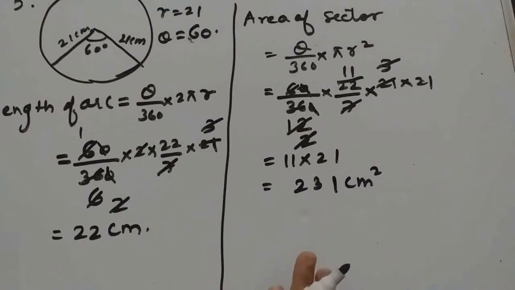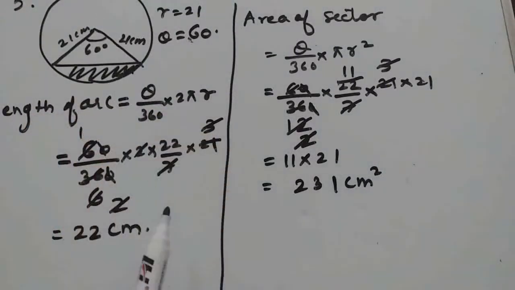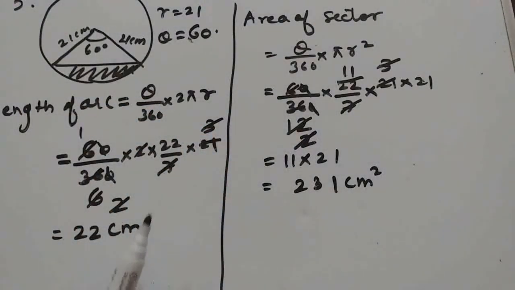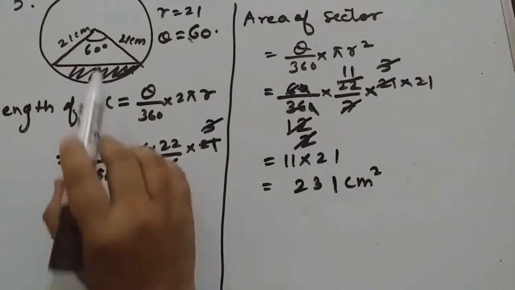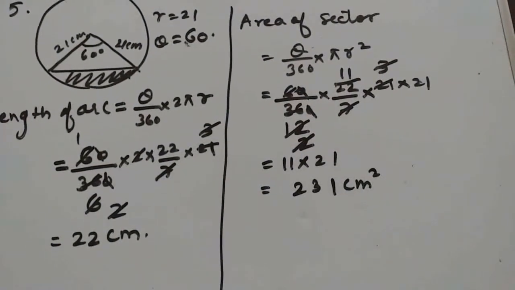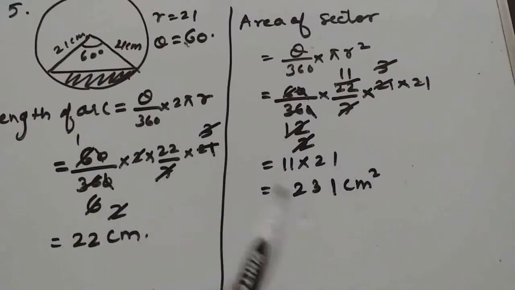Now to find area of the segment, that means this we should find. So what we can do, area of sector minus area of the triangle. Now area of triangle, this angle is 60 degree. So that means height and base formula we cannot use. We should draw one height and then also we can find. That is the other method.